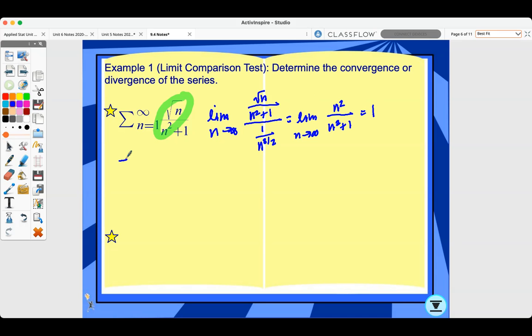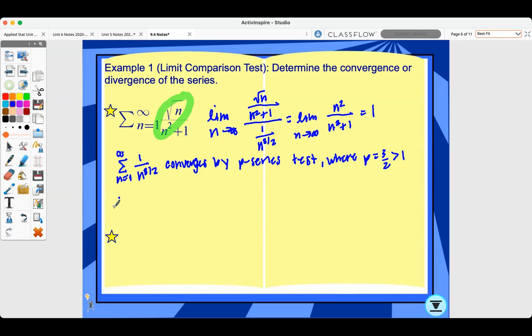So we know that the series from n equals 1 to infinity of 1 over n to the 3 halves converges by the p-series test, where p equals 3 halves is greater than 1.